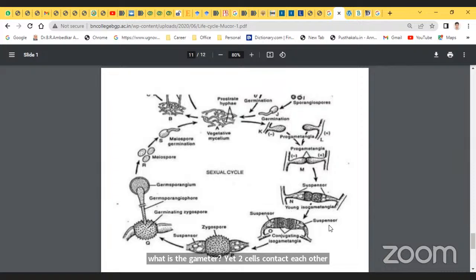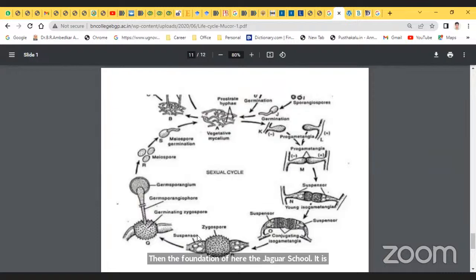So here, this is the suspensor, conjugating the isogametangia. Then the zygospore forms. The zygospore has suspensors on the left and right side.